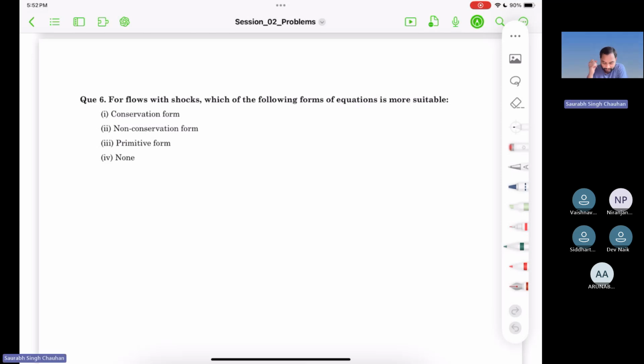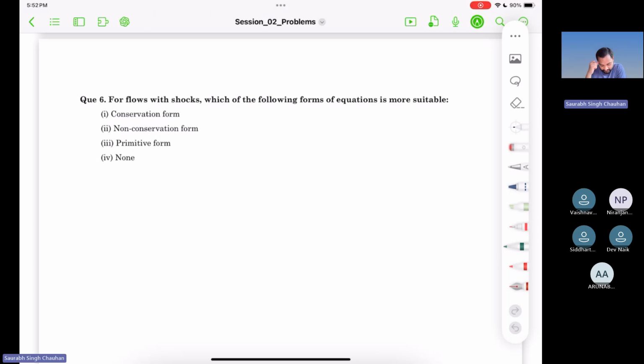Conservative forms are those which are directly derived from the conservation laws. If you apply the control volume conservation consideration, then whatever equations you get are in conservative form. If you simplify them more, you get a simpler version of those equations, and they are non-conservative.